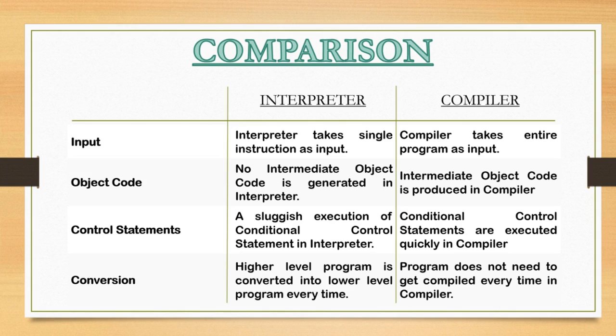Control statements like if statements, the conditional statements, have a sluggish execution in the interpreter, while they are executed very quickly in the compiler. The higher level program is converted into a lower level program in the interpreter every time a statement or a function is run. But for a compiler, it is a one-time job.